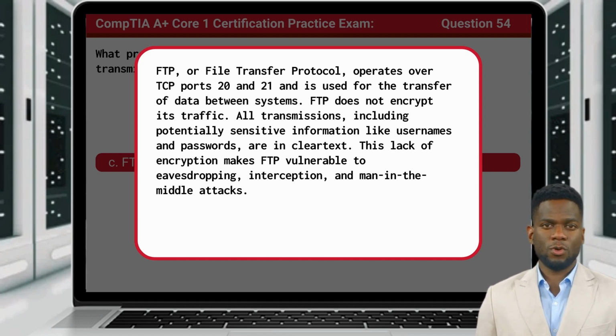FTP does not encrypt its traffic. All transmissions, including potentially sensitive information like usernames and passwords, are in clear text. This lack of encryption makes FTP vulnerable to eavesdropping, interception, and man-in-the-middle attacks.